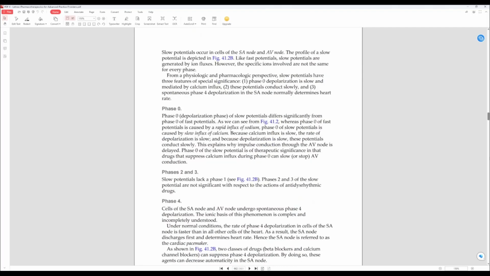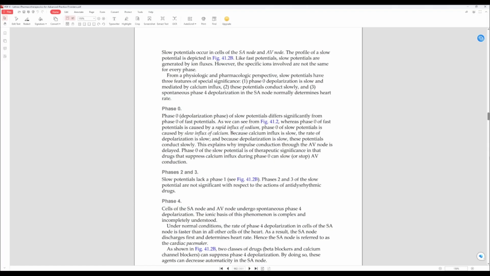Now, slow potentials. Slow potentials occur in cells of the SA node and AV node. The profile of a slow potential is depicted in Figure 41.2b. Like fast potentials, slow potentials are generated by ion fluxes. However, the specific ions involved are not the same for every phase.